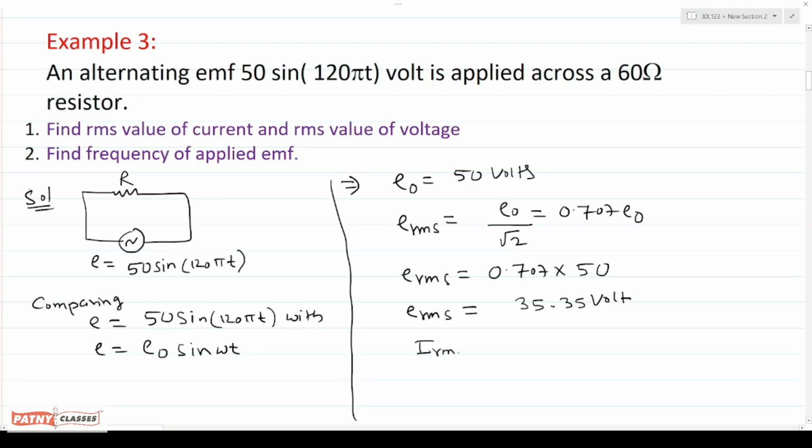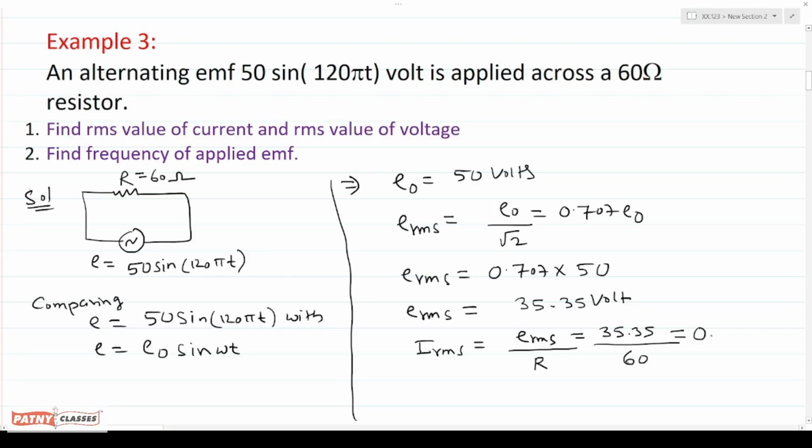Now I RMS equals to E RMS upon R. E RMS is 35.35 and R value given 60 ohms. So divided by 60.